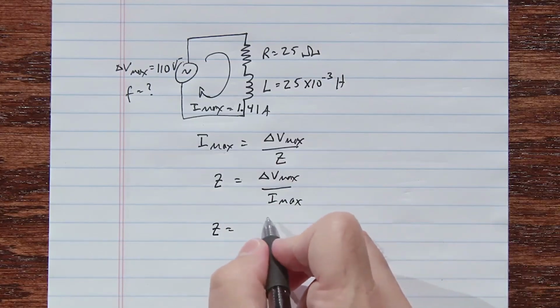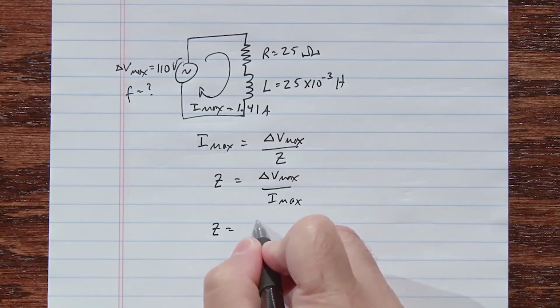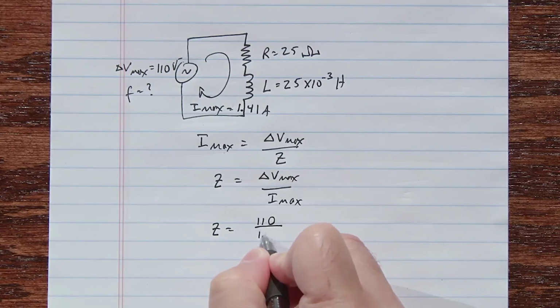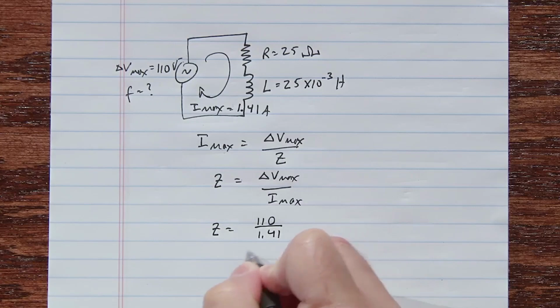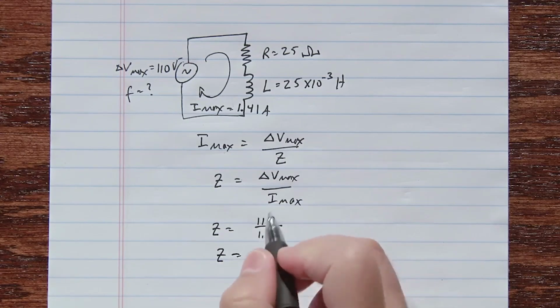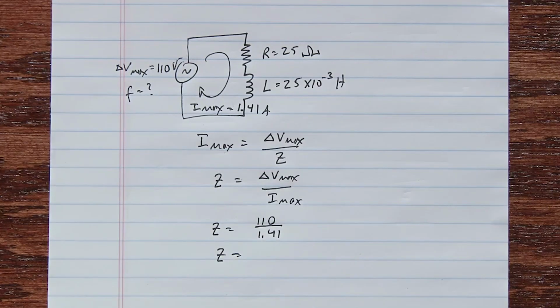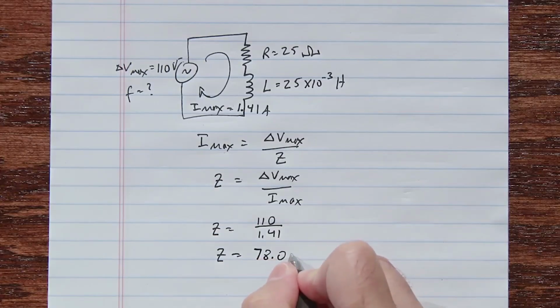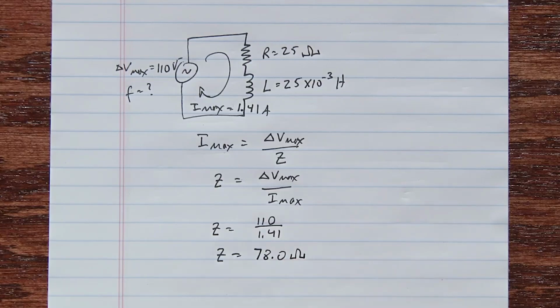So Z is equal to 110 volts divided by 1.41 amperes. The impedance is 78.0 ohms.